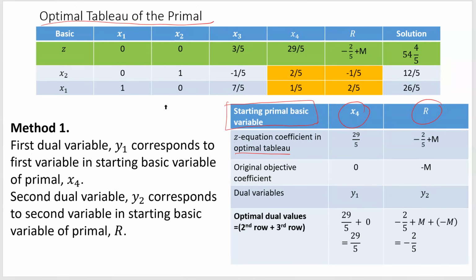The z equation coefficient means the z row. In the z row, the coefficient for x4 is 29/5, and the coefficient for r is minus 2/5 plus M. So this one and this one.